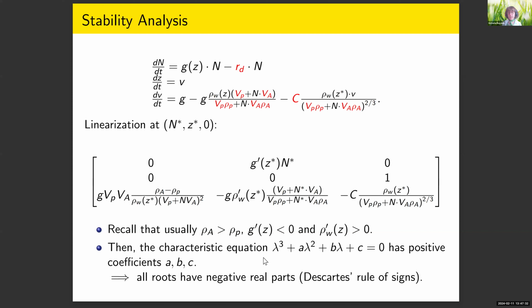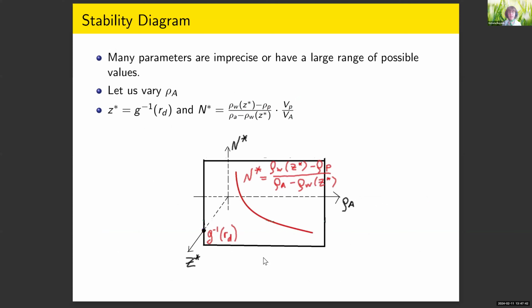And then Descartes' rule implies that all roots have negative real parts. So we have stability, all points of equilibria on this curve are stable equilibria. So it shows that in a wide range of possible parameters, stability persists.